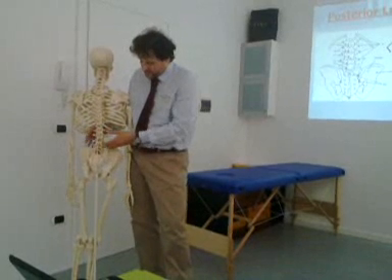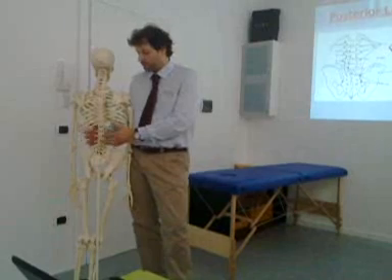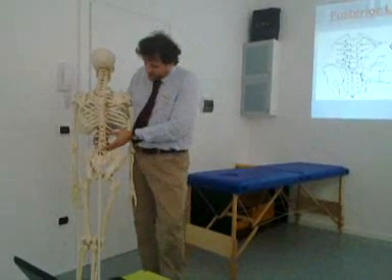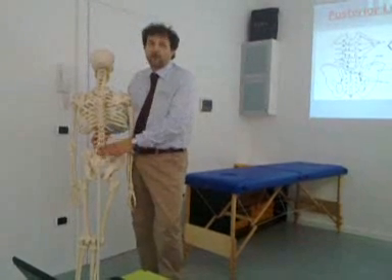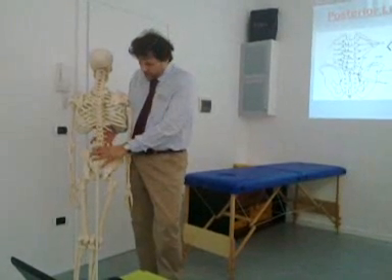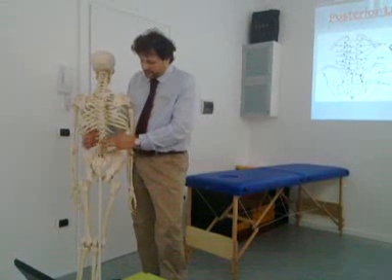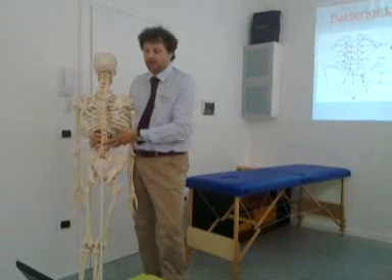But what happens in this situation is that when the Quadratus Lumborum muscles are tight on both sides, they're going to compress and squeeze the disc even more, and this will create more pain on your nerve. So when this is the case, always free the Quadratus Lumborum on both sides, starting from the hottest side.